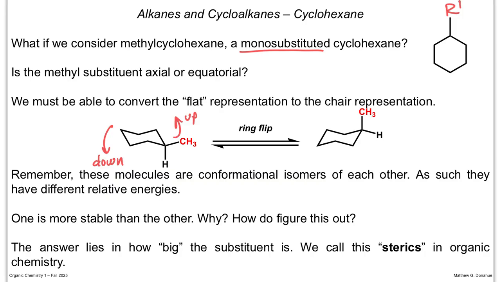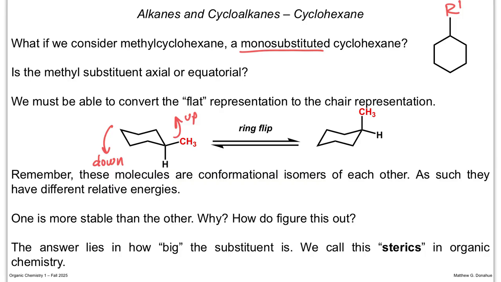This group is going to change in size. And I said these axial bonds are parallel, right? And so now you have what's called 1,3 diaxial interaction. These hydrogens feel the size of that group when it's axial.